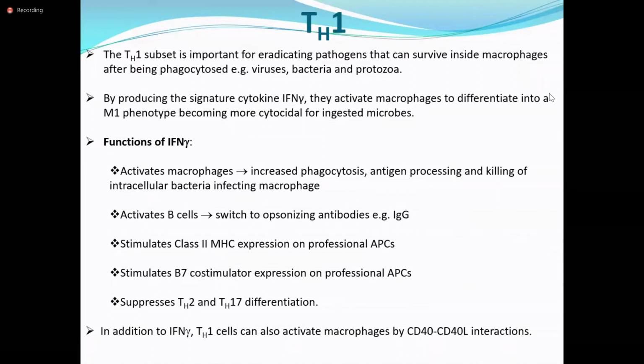Conversely, if you are infected with a parasite, which is dealt with by Th2 cells, the cytokines produced by those Th2 cells block the production of interferon gamma, and so they skew the T helper cell subset towards a Th2 type response.